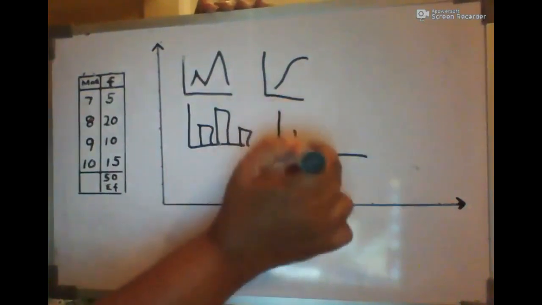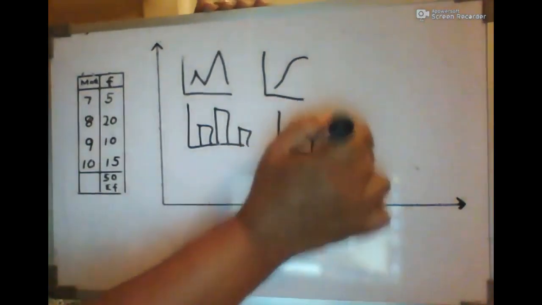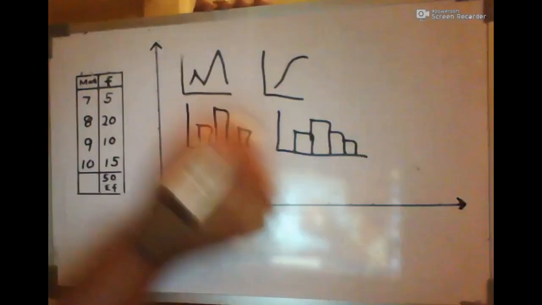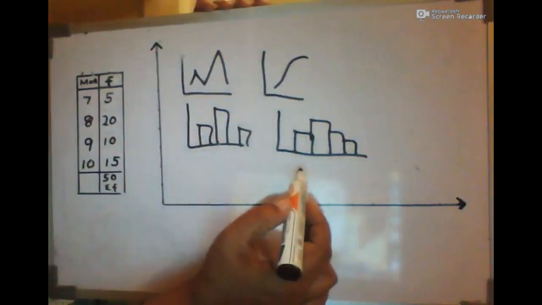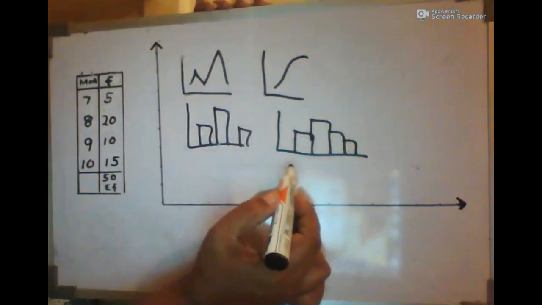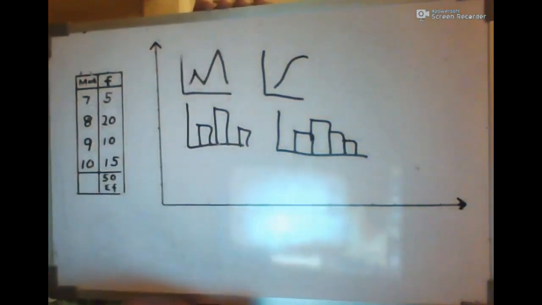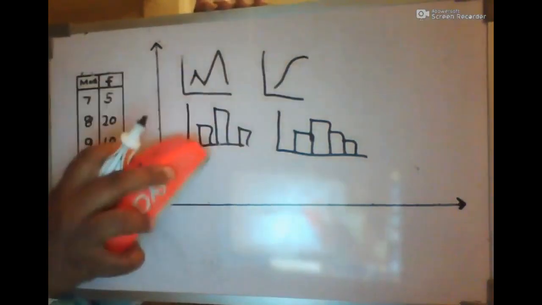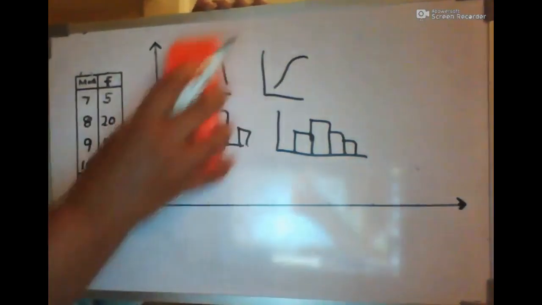This one is a histogram. We are going to draw a histogram, right? This is a histogram. In any graph, as you can see, there are 2 axes, right?